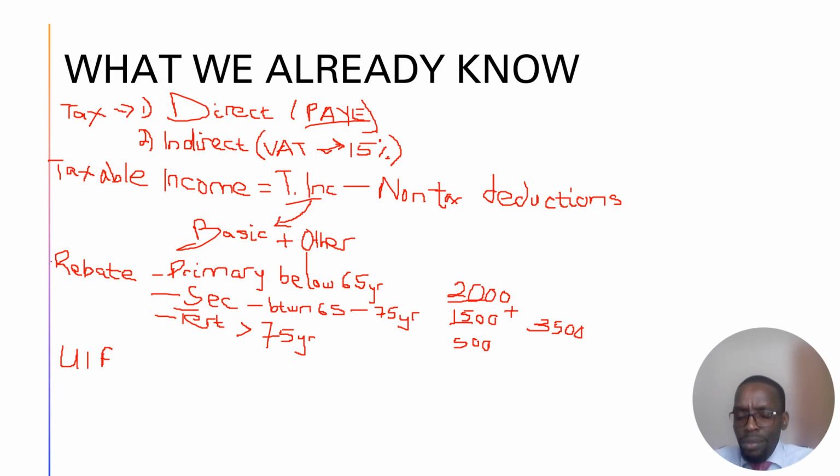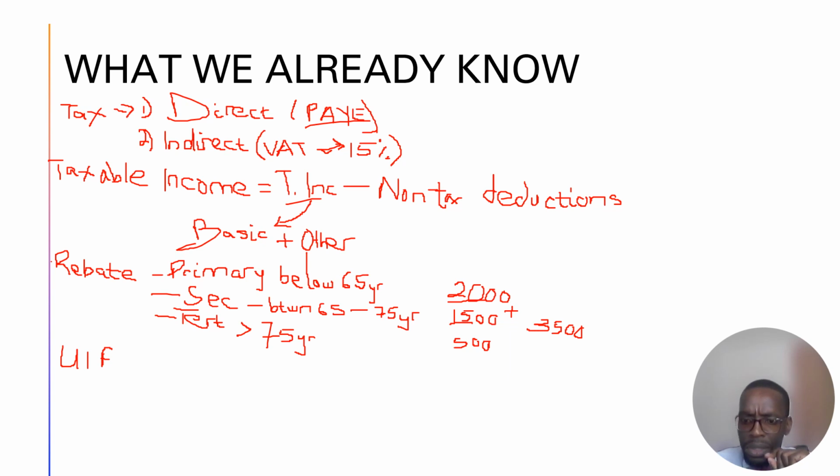Normally they use the words total UIF contribution. Now when they say total UIF contribution, it means it's going to be 1% for the employee plus 1% for the employer. That's where we are getting the word total from. So you need to understand this.